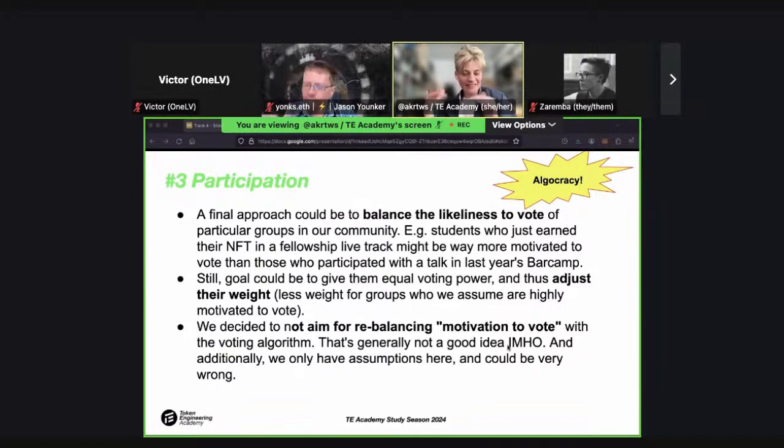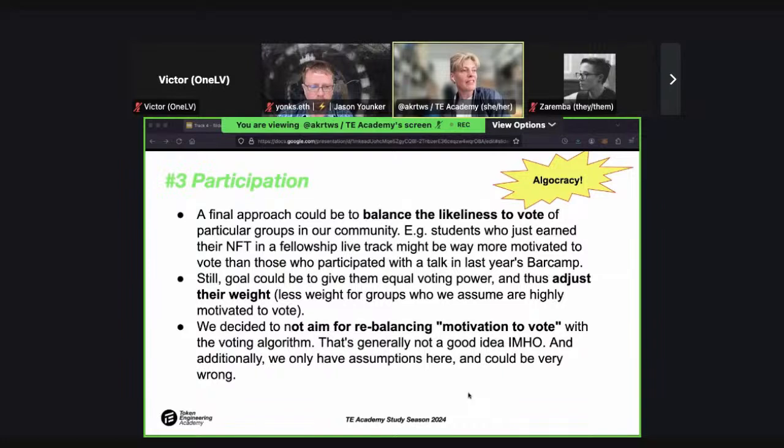And to counterbalance motivation or missing motivation to vote, we could assign votes. But here, I think we are entering a dangerous area where we install an algorithm that is A, very intransparent, and B, fully based on our assumptions about who is motivated to vote and who is not.